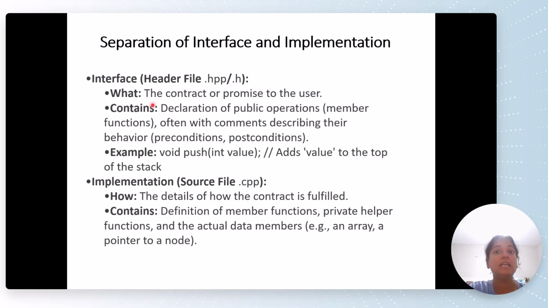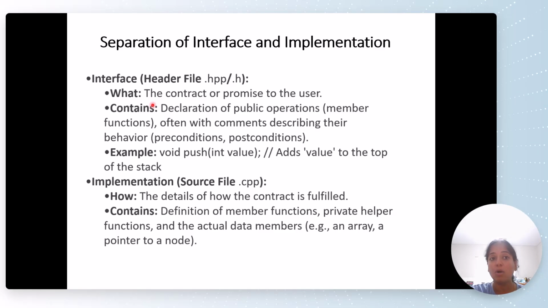It contains all the declarations of methods and all the variables. Now, how those operations will be performed is defined in the source file, which has the extension of .cpp.